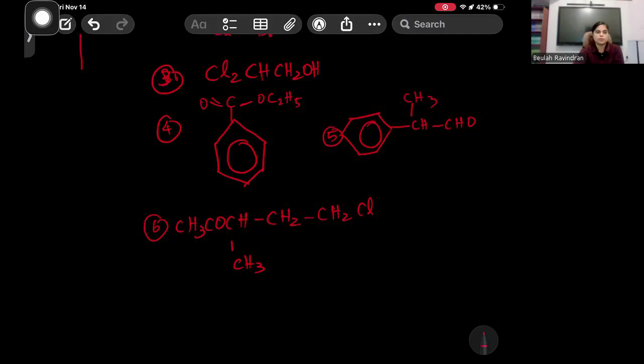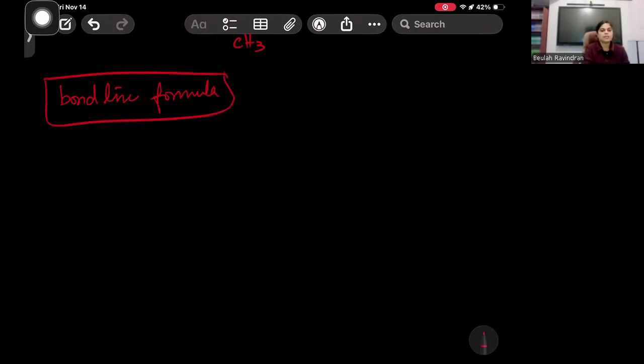Okay. So then you can write the bond line formula. So I will explain some bond line formula. For tertiary butyl cyclopentane.